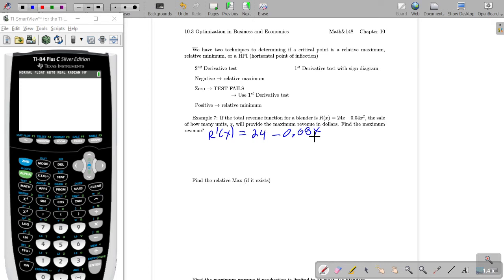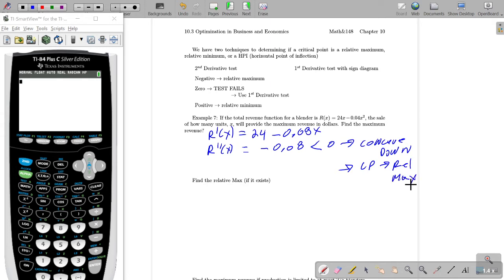So r double prime of x equals negative 0.08, which is less than 0. So concave down. Critical point will be a relative max. So in other words, since it's always negative, whatever my critical number for x is, it's going to be a relative max.